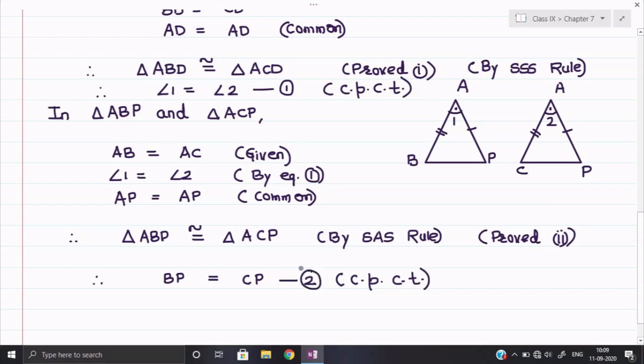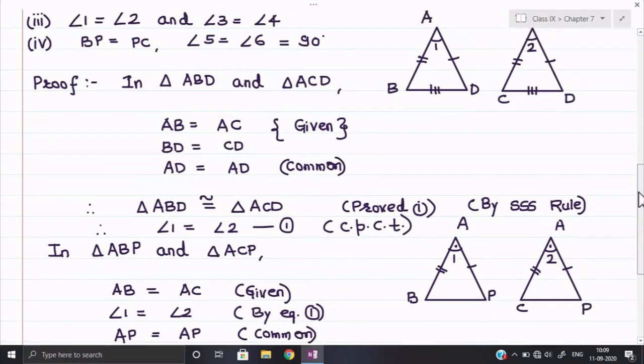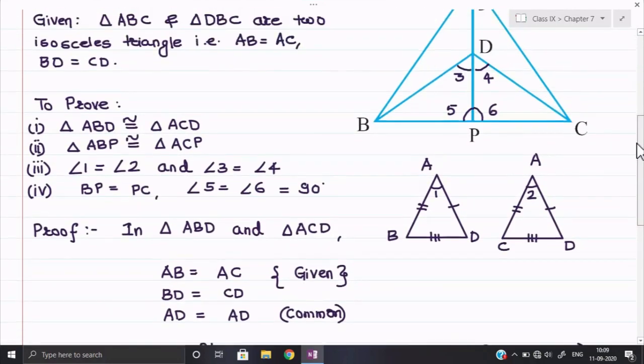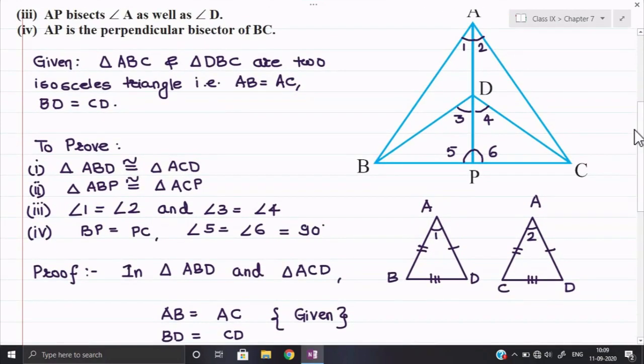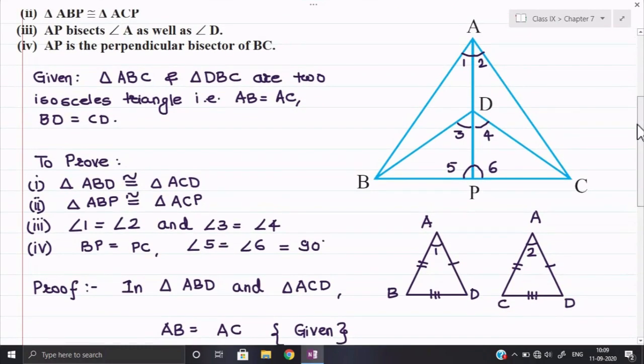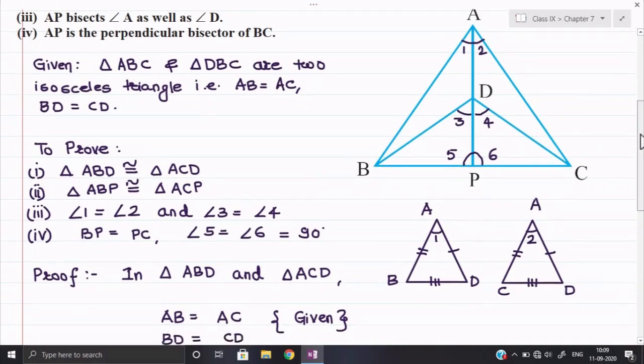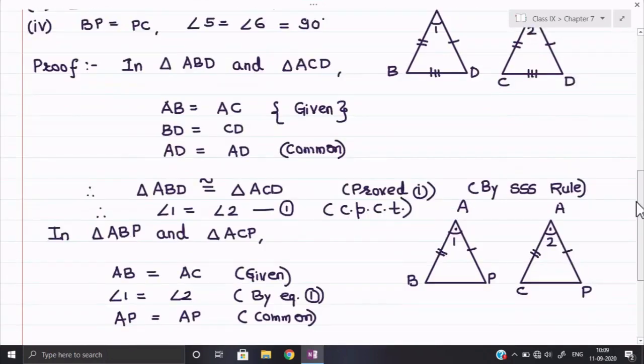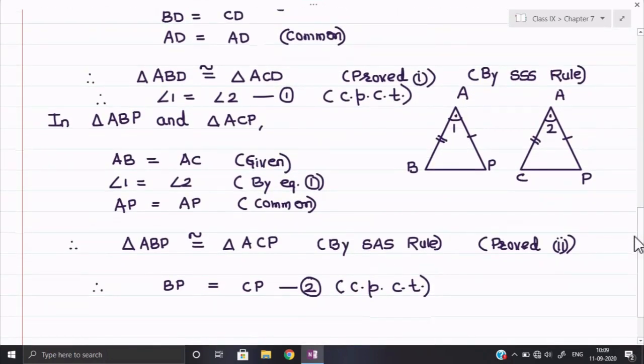Second thing, observe angle 5 and angle 6 in the triangle I marked over there. Angle 5 is angle APB, and similarly angle 6 is APC. So APB and APC, are they coming as corresponding angles? Look at the triangle over here.